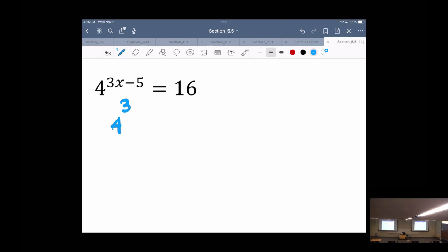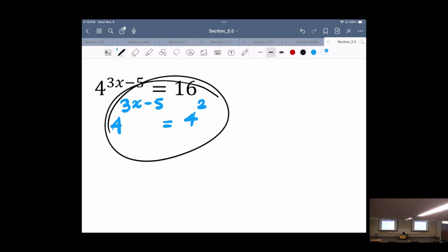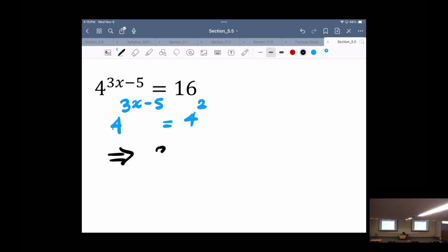So I keep the left side the same, and I write the right side as 4 squared, right? So if this equation is to be true, then we must have the powers equal to each other, right? Because the bases are equal to each other. The bases are 4. So therefore, 3x minus 5 must also be equal to 2.